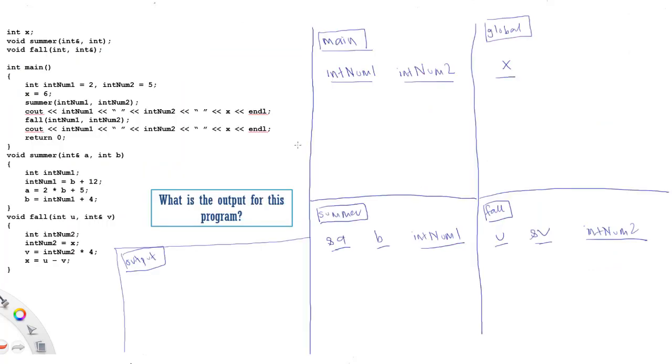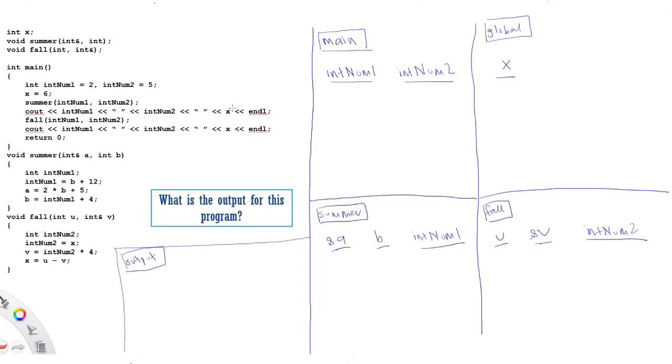All right, so moving on to this next example, which I'm going to show you so that you can understand this a bit more. Let's say I give you this program. So what is the output for this program? So we're going to have to trace this program. If you take a look at this, we have 3 different functions.